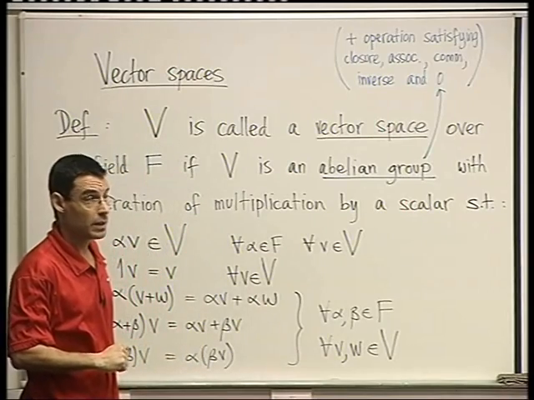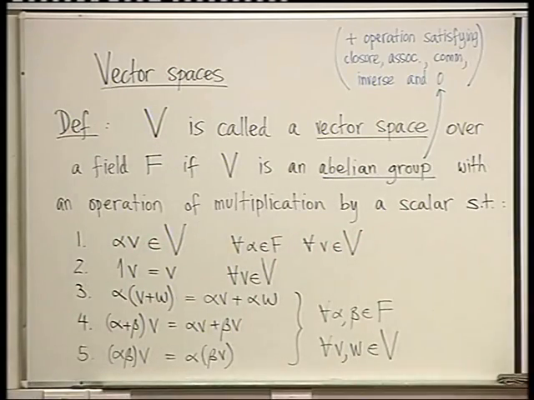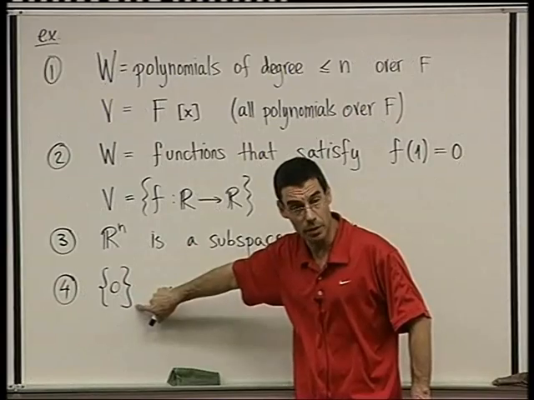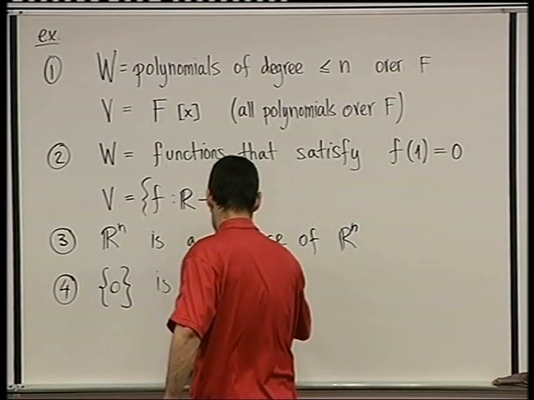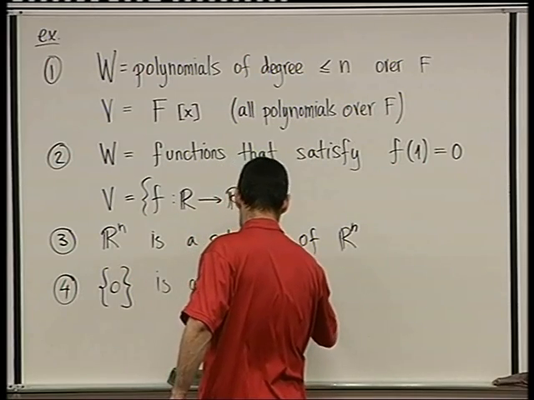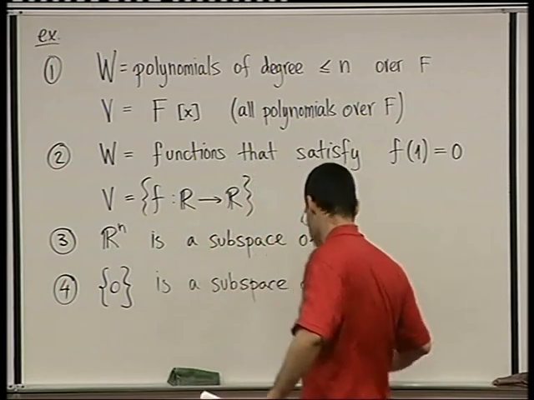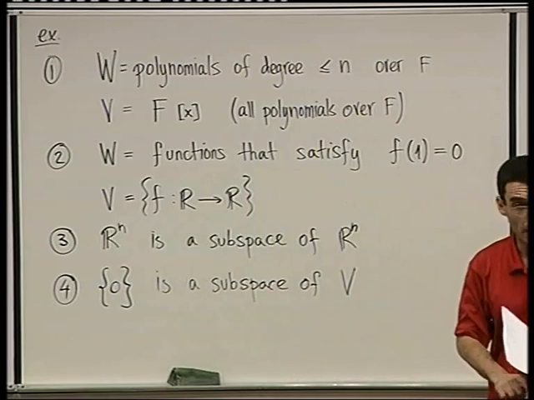Do you agree? Okay. But if you take only 0, you take the set that contains only 0. That's the only element you pull out of the pile. Okay, we're back on this board. You take only 0, this is a subspace of any V. Why?